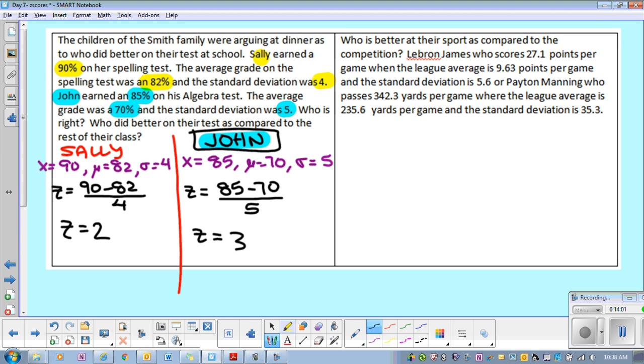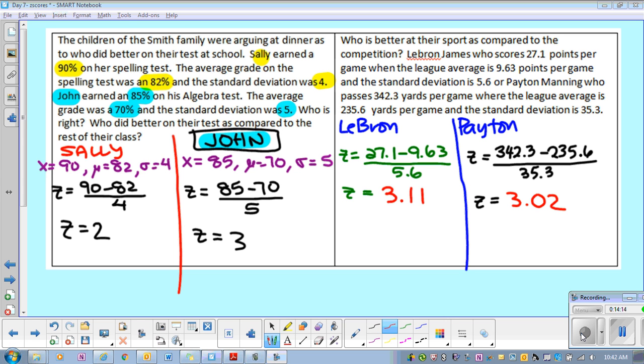You know what? Find their z-score. The only way you can accurately compare 2 different sets, 2 different situations, is to find the z-score. See who has the higher z-score. Let's do this. So for LeBron James, his z-score is 3.11. Peyton Manning, 3.02. Told you guys, right?